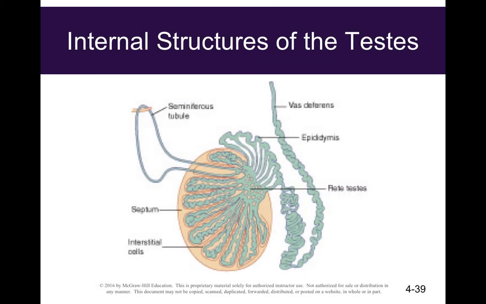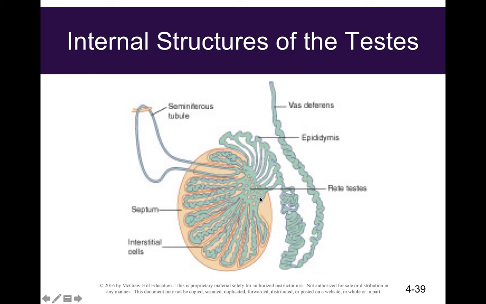So here's a figure showing the internal structure of the testes. You can see in between the seminiferous tubules that are in blue is where the interstitial cells are located. They're coiled upon each other, the seminiferous tubules. They meet up at what's called the rete testis here.